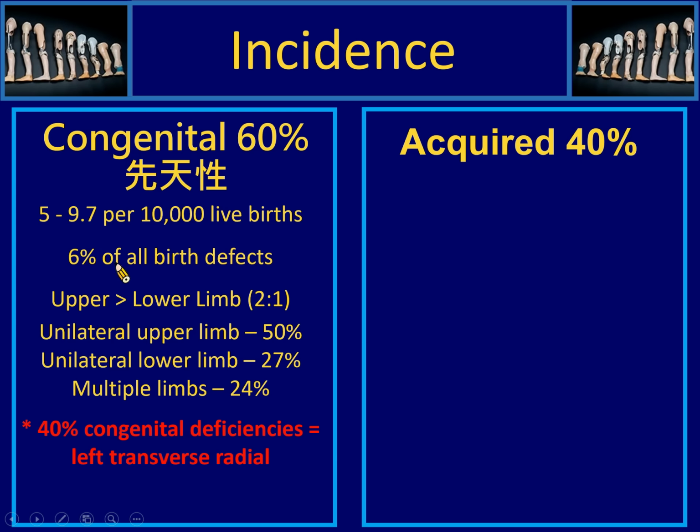The incidence is about 5 to 9.6 per 10,000 live births, and it accounts for 6% of all birth defects. Among them, we can see the upper limb is much more common than the lower limb. The ratio is about 2 to 1.